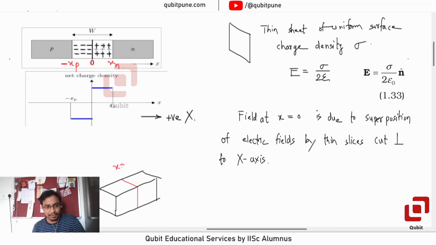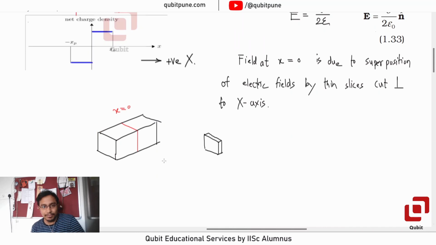What I'm saying is, let us cut this depletion region into bread pieces. I'm going to show two of them here, one here, and then the other one here, like this.